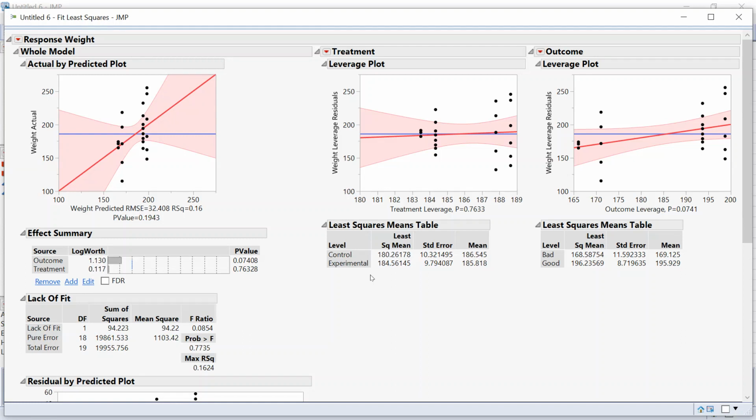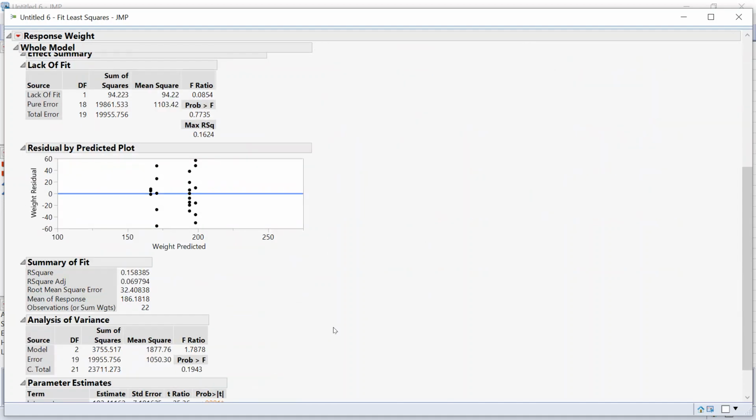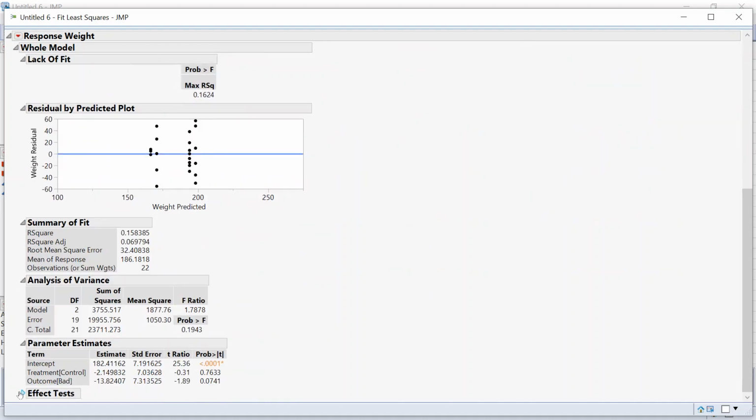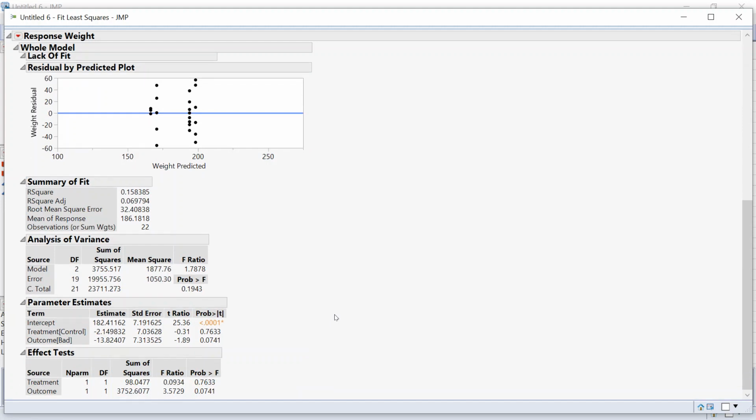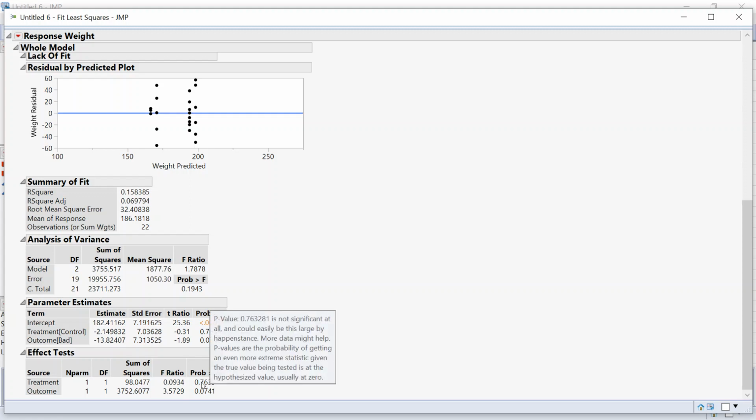So here it's given us the means for the control group and the experimental group, the mean for bad outcomes and for good outcomes. And then if we scroll down, we can get the results for the effect tests. So for the effect of treatment, the p-value's much higher than 0.05, so there's no significant effect of treatment.